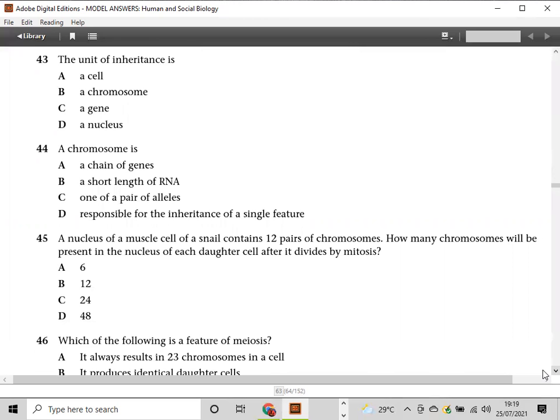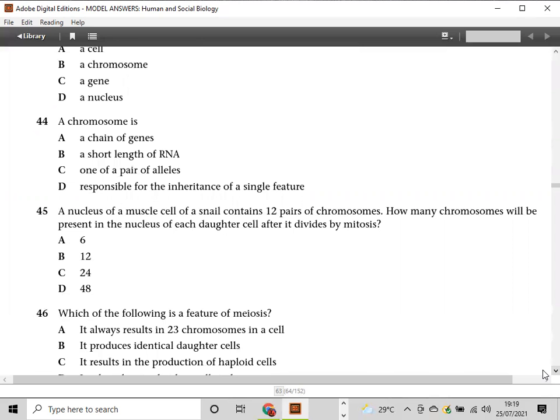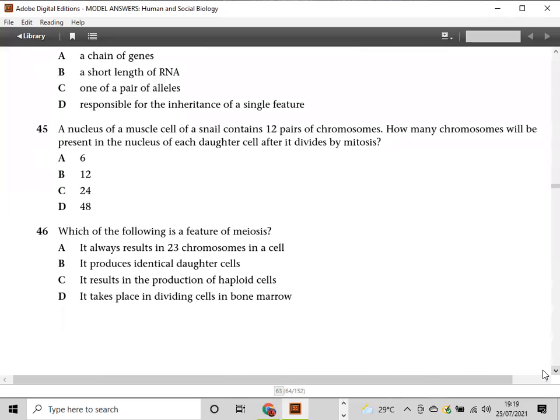Unit of inheritance, I must know that. 44 now.